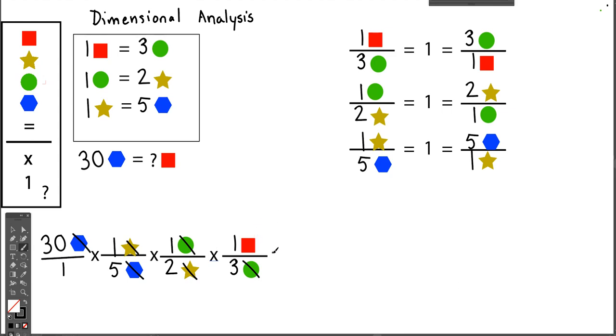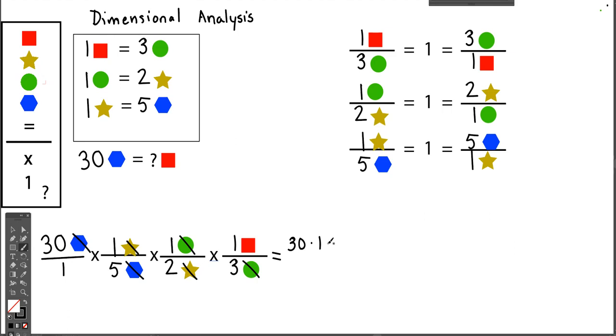And so now let's rewrite what we have without all these confusing units that we don't have anymore. We cancel them. They're gone. So remember that we're going to multiply everything in the numerator and then multiply everything in the denominator. So in our numerator right now, we have 30 times 1. And remember that this little dot is another way of saying times. So don't let that confuse you. There are so many different ways to write things in math.